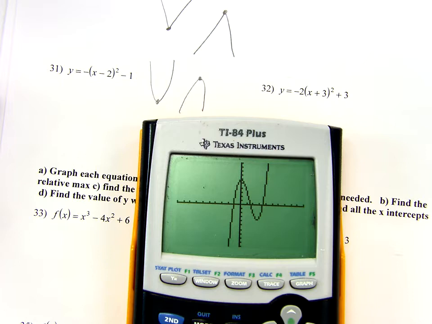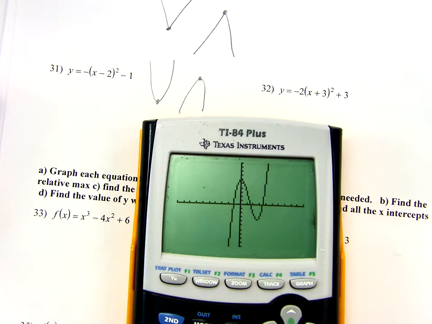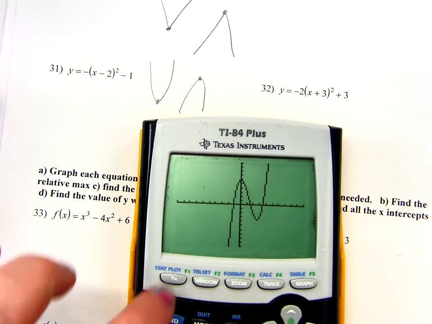Yeah, you got to hit zoom 6. And you have x cubed minus 4x squared plus 6? It doesn't look like that. Go hit y equals again.